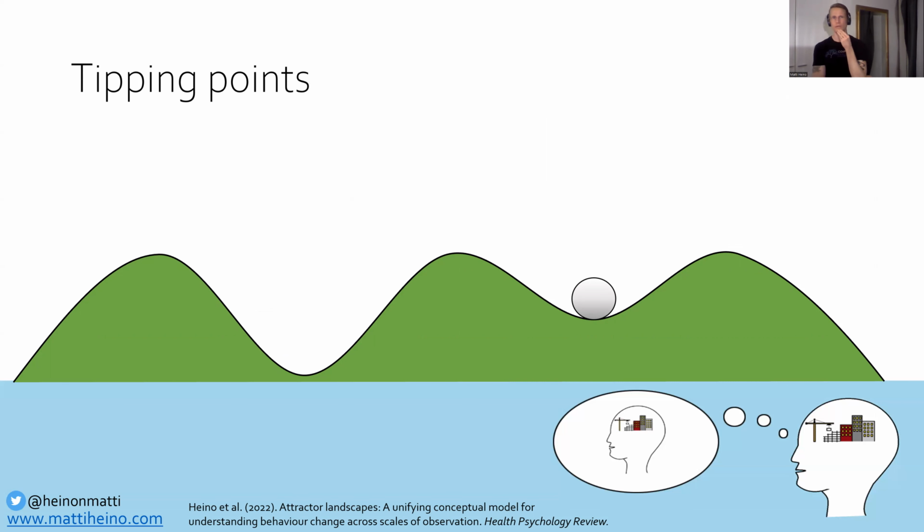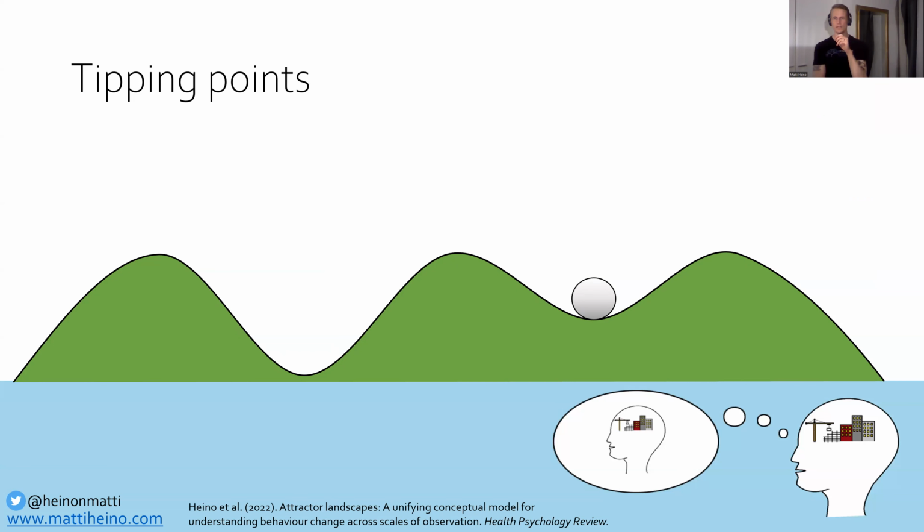In that paper, we talk about these attractor landscapes in very concrete terms and give tons of examples. And also there's a table with complex systems features explained via this topic of attractor landscapes. So feel free to check it out.